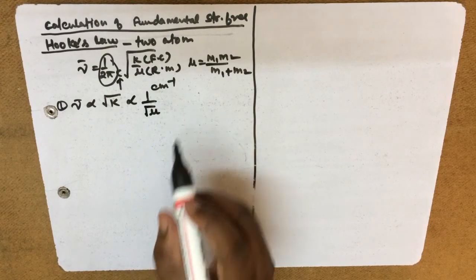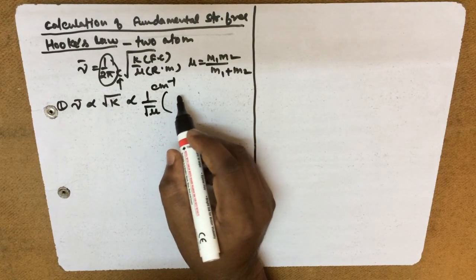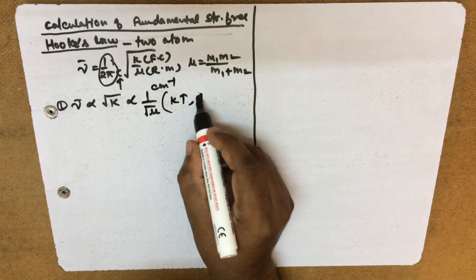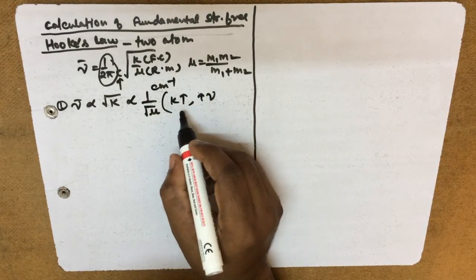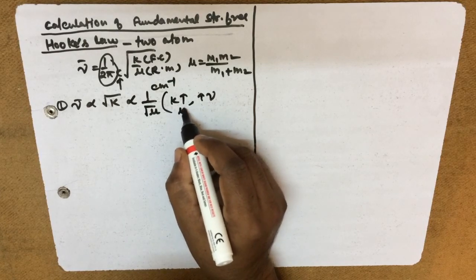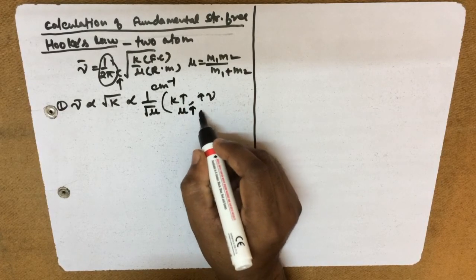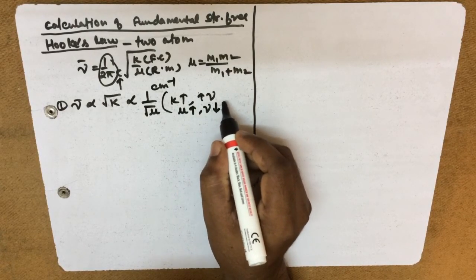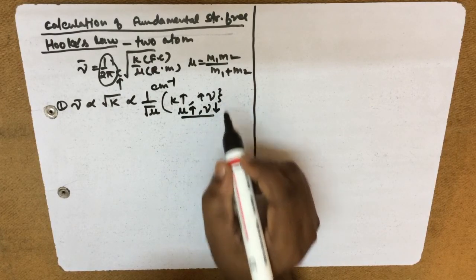What it tells us is that when the force constant k is increased, the stretching frequency will increase. But if the reduced mass is increased, the stretching frequency will decrease. So this is an inverse and this is a proportional relation.